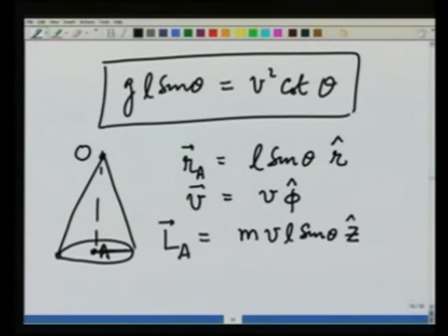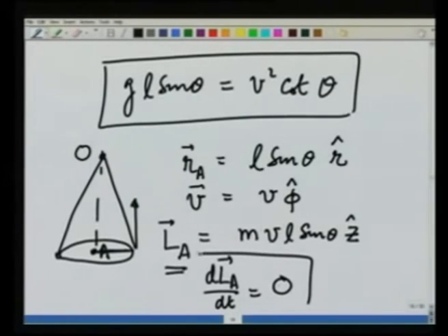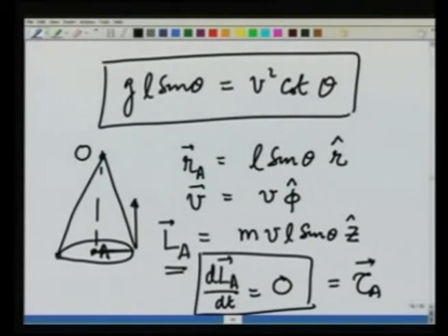You see, when I take angular momentum about point A, only the vertical component remains. The horizontal component has vanished, and therefore, when I take dL_A/dt, everything on the right hand side is constant, and therefore, this comes out to be 0. If that is the case, torque about point A must also be 0, and let us figure that out now.